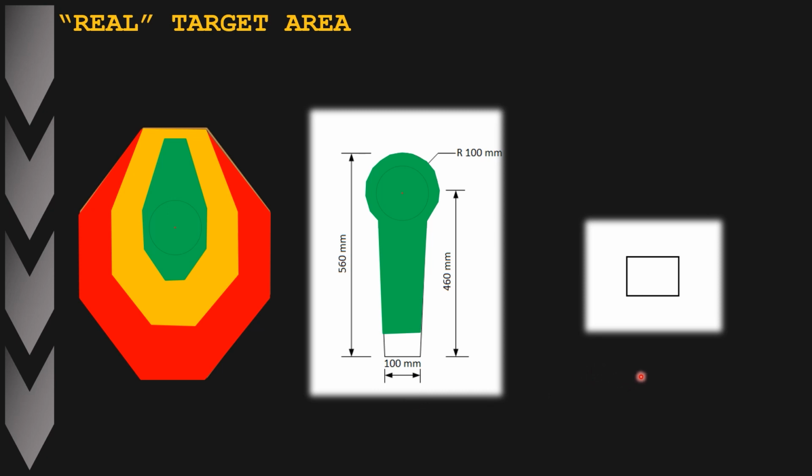And the same principle is applicable to steel plates. Most shooters will focus and center their dots or their iron sights in the middle of a steel plate, whilst the entire green area as depicted here on the slide are the real target areas, and again, anywhere where you would hit that steel plate in the green zone, the plate will actually fall.